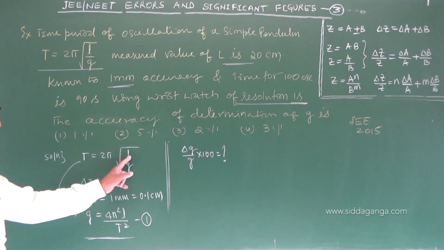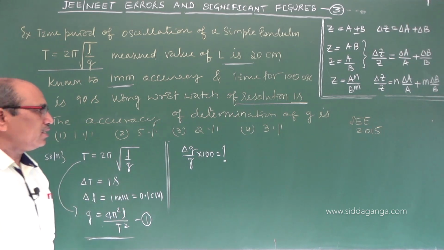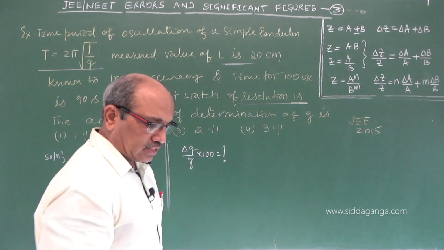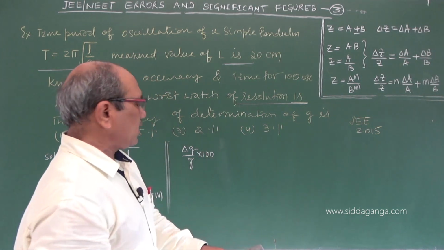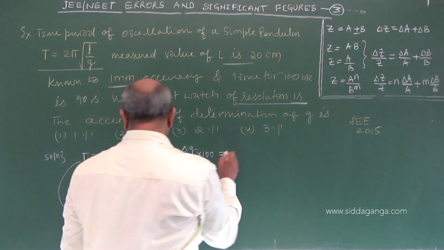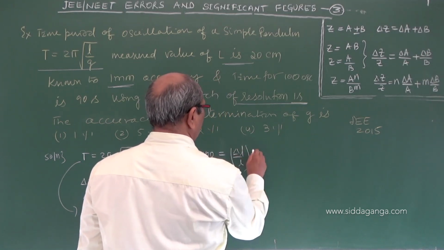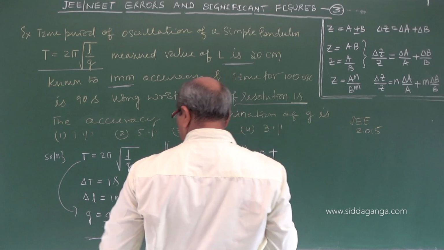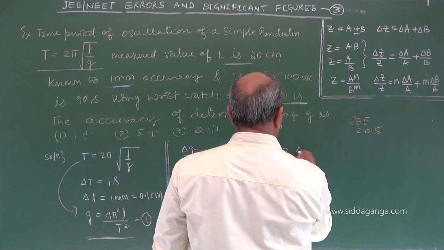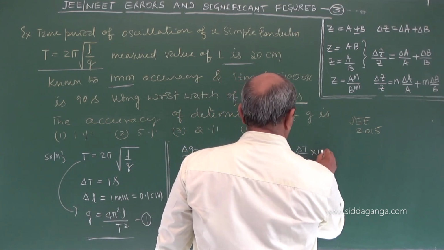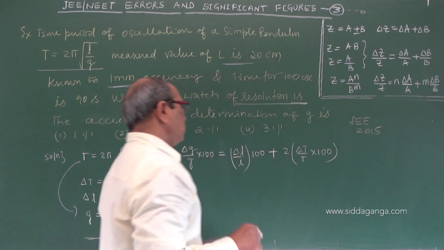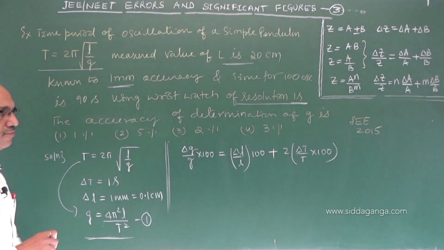Here g is proportional to L but inversely to T squared. What can I write for this? It is delta L by L into 100 plus 2 into delta T by T into 100. If I simplify, I will get the answer.